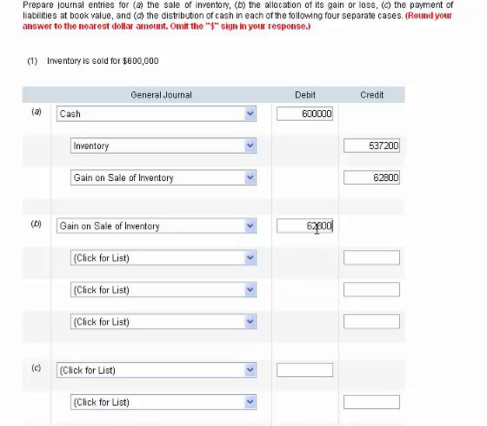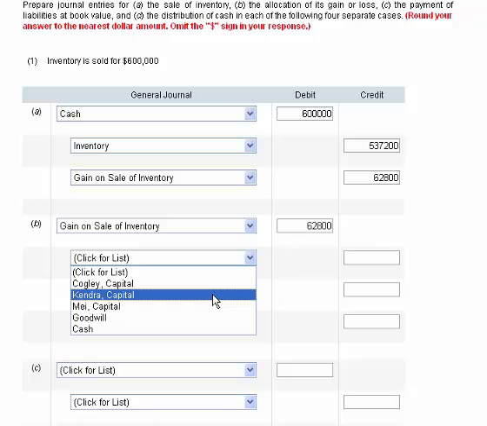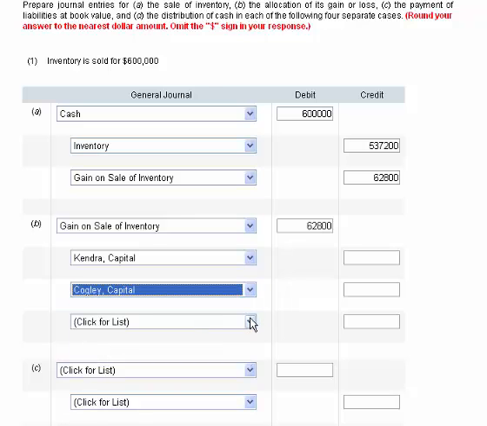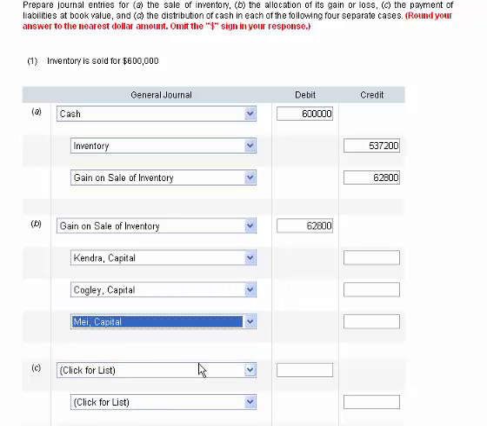Okay, so now we need to transfer that gain, since we're liquidating the partnership, to the various partners' capital accounts. The partners appeared in order as Kendra, Cogley, and May, and it was 3-to-1. So you need to take 3/6. 3-to-1 means if we add up the bases, we get 6 in total.